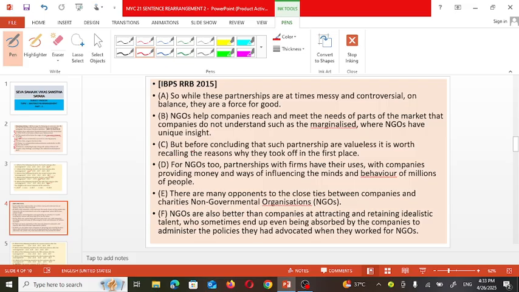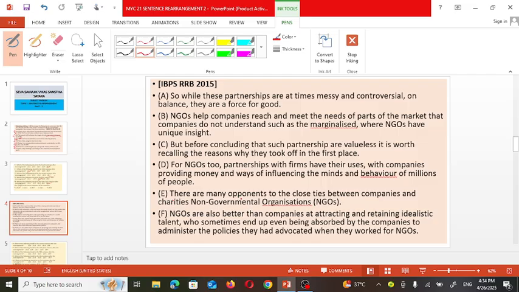Next sentence. But before concluding that such partnerships are valueless, it is worth recalling the reasons why they took off in the first place. Next option. For NGOs too, partnerships with firms have their uses, with companies providing money and ways of influencing the minds and behavior of millions of people.